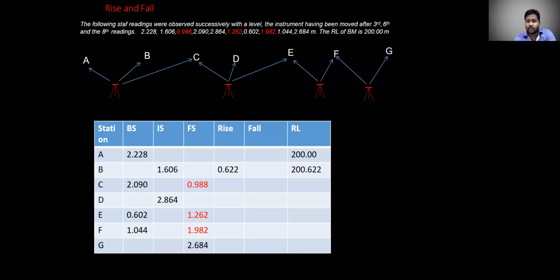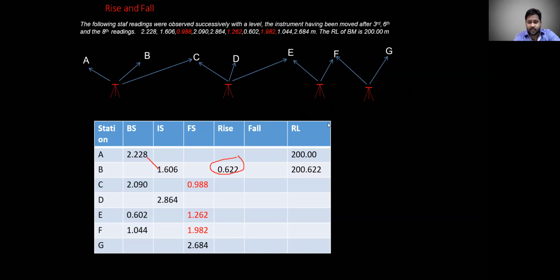So 2.228 minus 1.606 will give you 0.62. That will give you 0.62. This is my value.